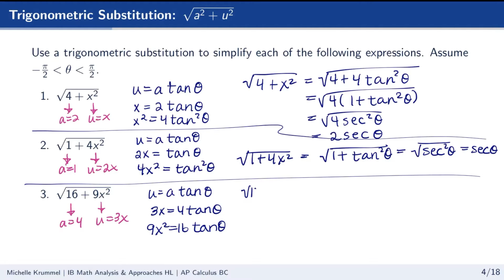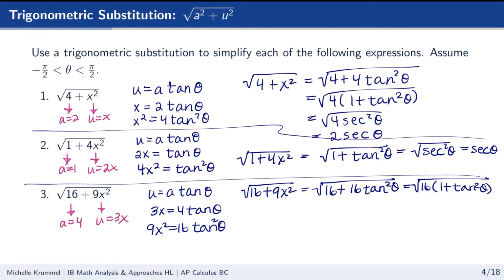So the square root of 16 plus 9x squared equals the square root of 16 plus 16 tan squared theta, oh, I forgot my square there, which equals the square root of 16 times 1 plus tan squared theta, which equals the square root of 16 times secant squared theta, which equals 4 secant theta.